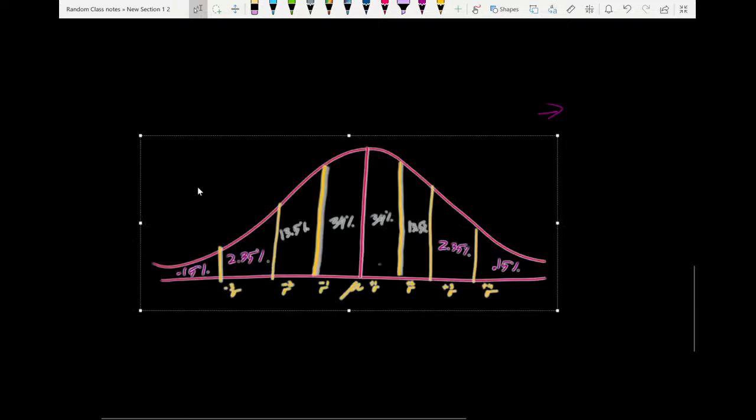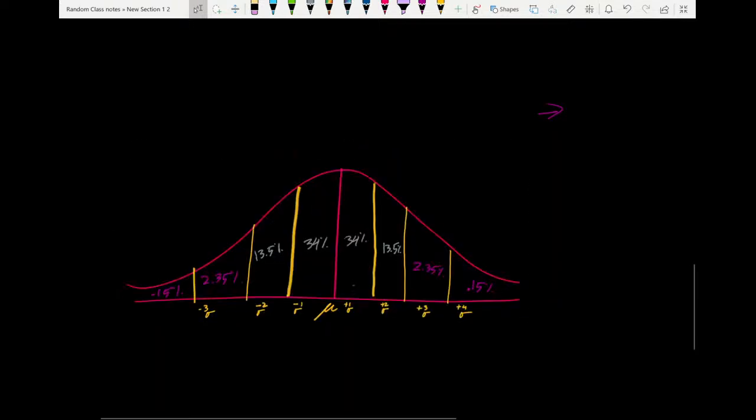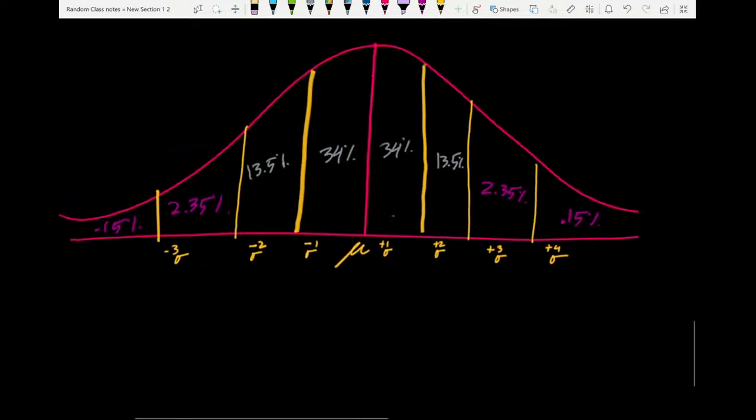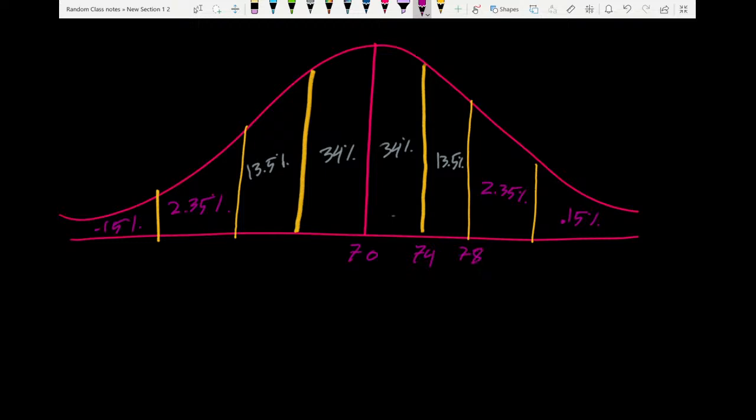Copy, paste. I'm going to erase some of this. All right, so let's look at that. You have 70, 74, 78, 82, 66, 62, 58.